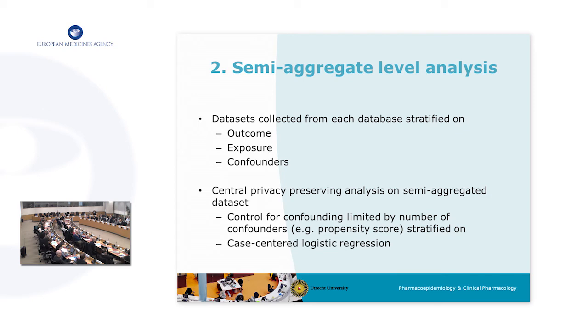And another technique that has been applied also in Sentinel is the case-centered logistic regression, where the risk sets basically are sampled from the individual databases and used in a central logistic regression. So these are interesting techniques, I think, that if we still want to be able to control for confounding in a central way, but preserving privacy, then we can deal with this if we collect data on a semi-aggregated level.